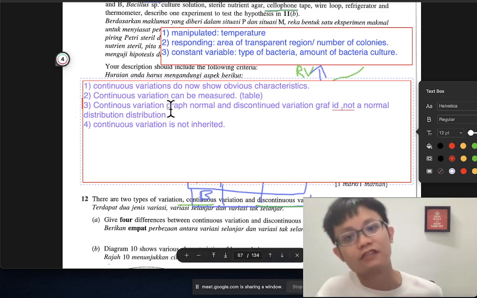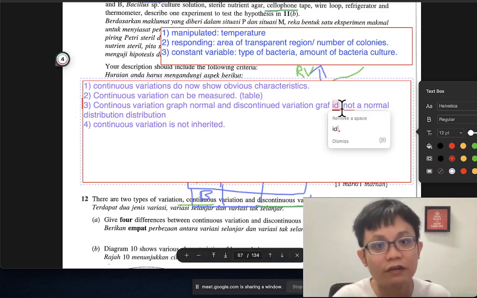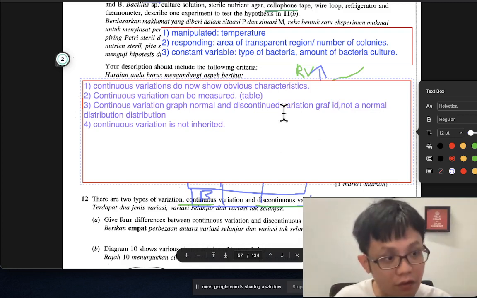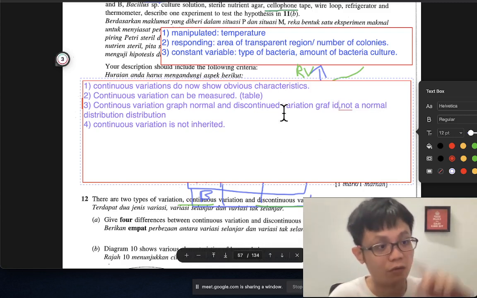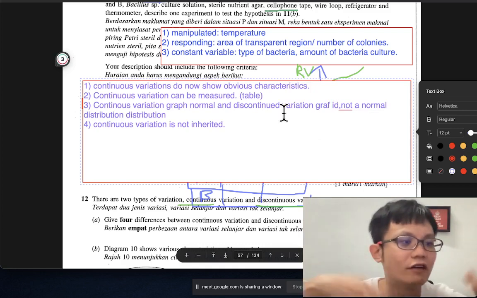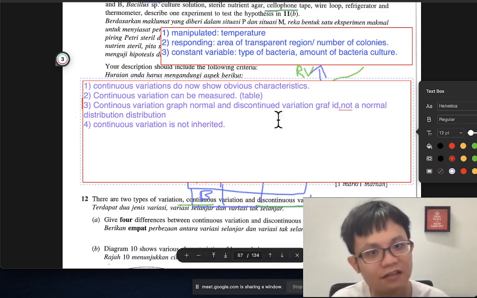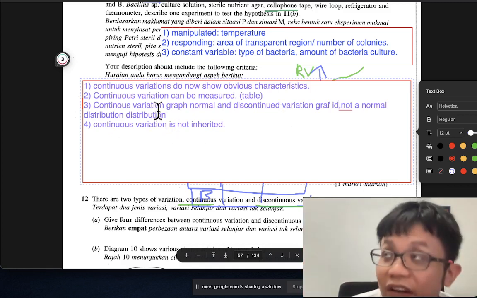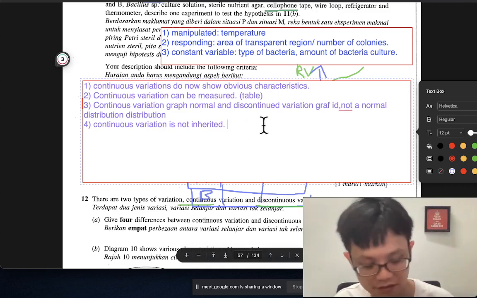Continuous variation graph is normal. If you studied maths, you know that normal means it is like a bell. If not normal, it goes up and down like a stock market, so it's not a bell curve. Continuous variation is not inherited. For example, like what?